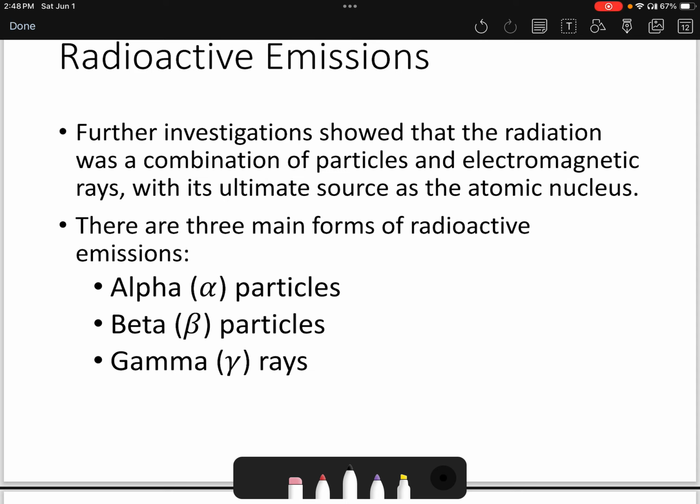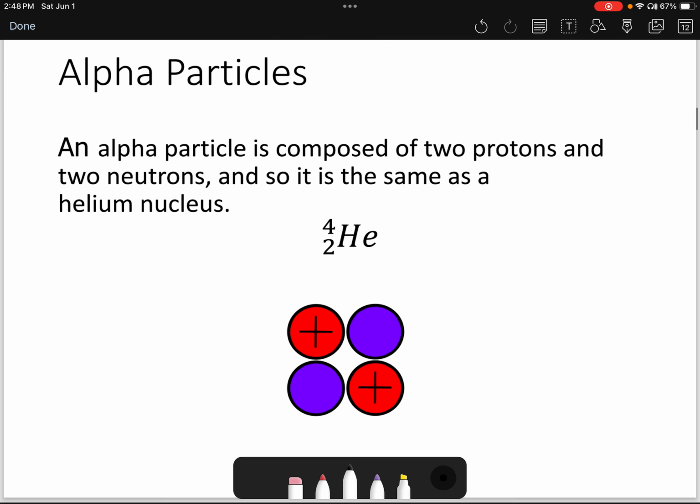There are three main forms of radioactive emissions, which we saw on the first slide: alpha particles, beta particles, and gamma rays. They're just named after the first three letters in the Greek alphabet. Let's start with alpha particles. An alpha particle is composed of 2 protons and 2 neutrons.